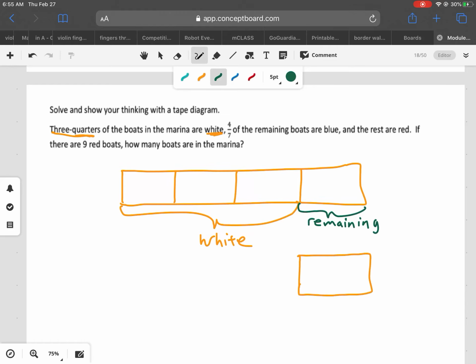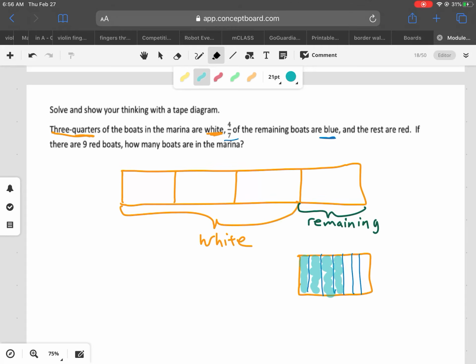Okay, and it says 4/7, so I am going to cut that into sevenths for my blues. 1, 2, 3, 4, 5, 6, and 4 of those are blue.